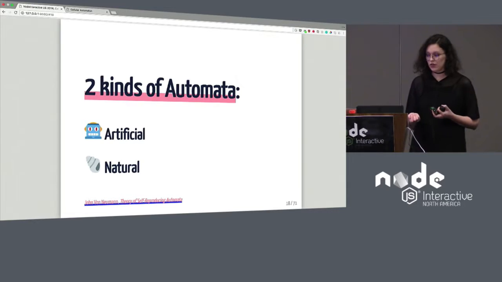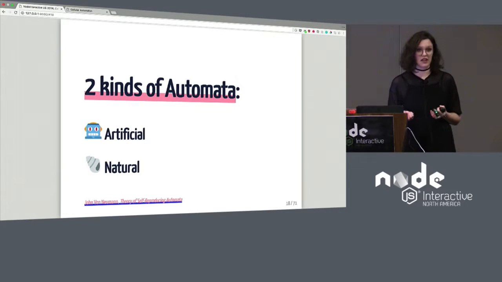And why these two were interesting to him is that given these kinds of automata, if we know how to build out an artificial one, we might be able to know a natural one, or if we know a natural system, we're able to build out a more artificial system.